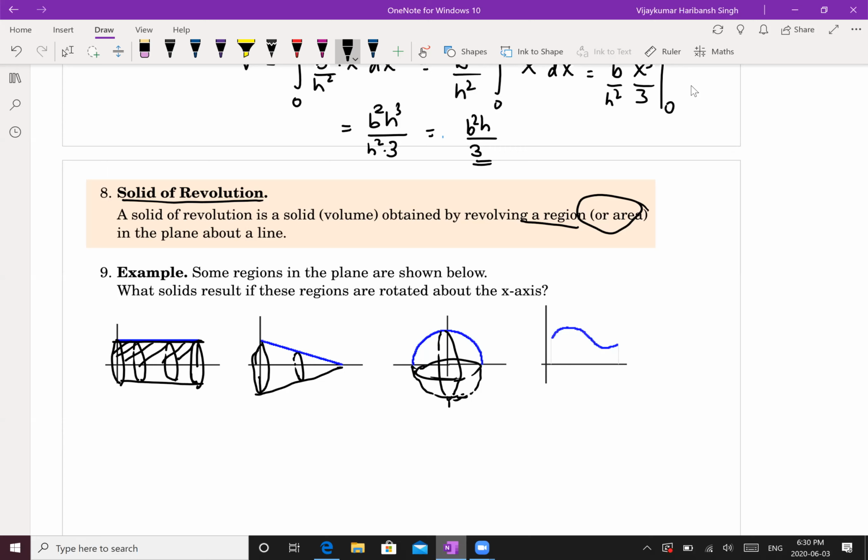What if I rotate this? If I rotate this around the x-axis, we will get a kind of a pitcher-shaped object. I'm just drawing the contour line so that you can really see it's a three-dimensional object. Then the question is how to find the volume of a solid of revolution.